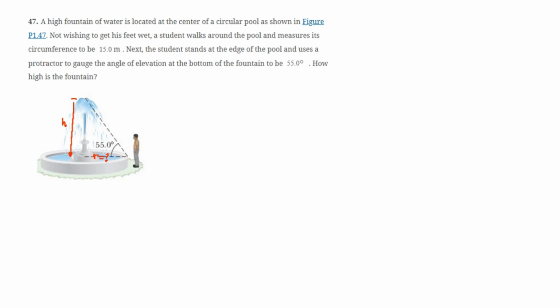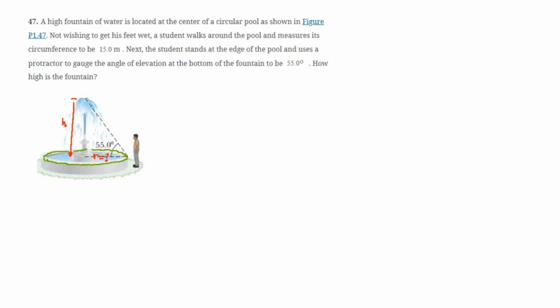So we know the circumference. What is the circumference? It is all this distance around the pool, all this distance is what we call the circumference.